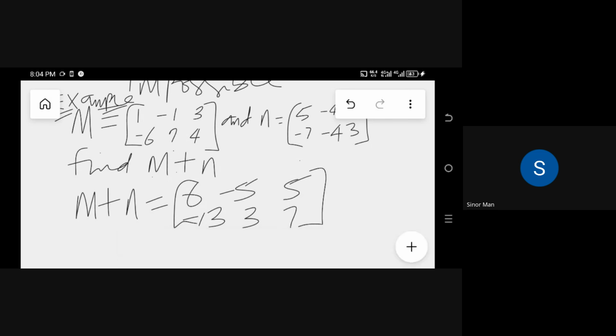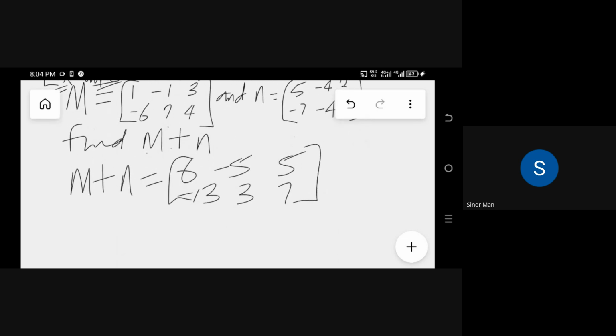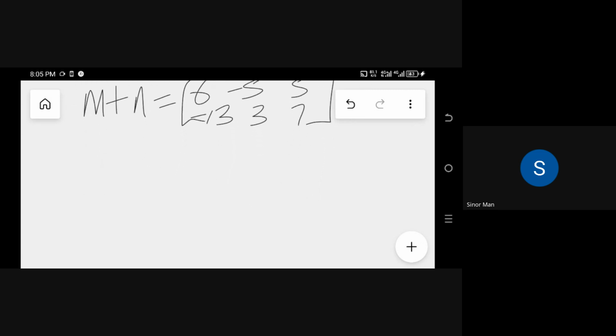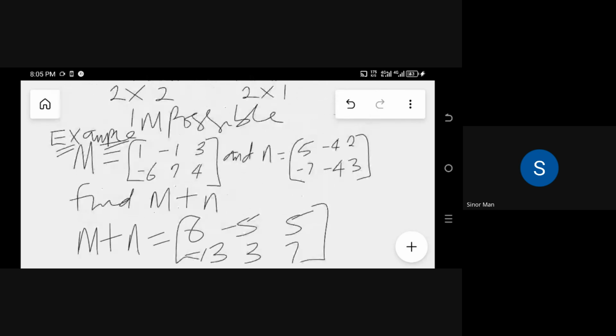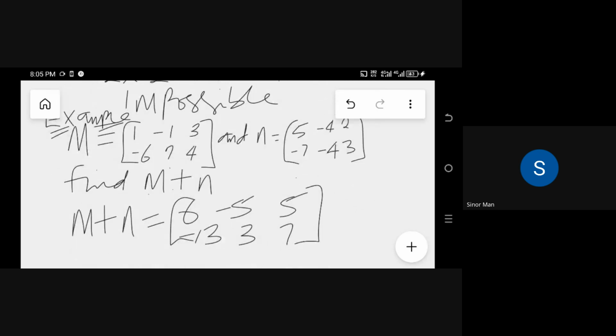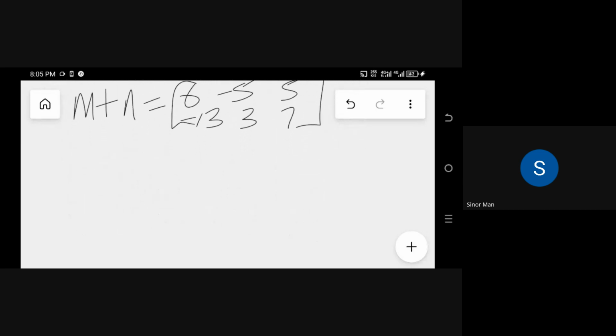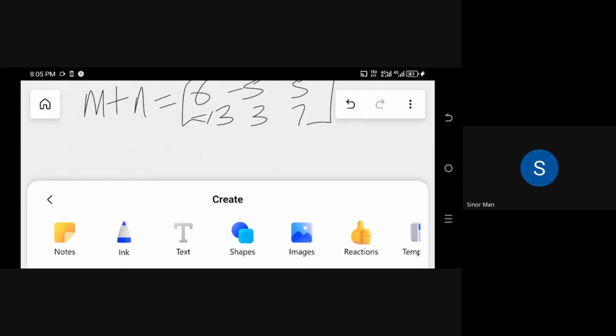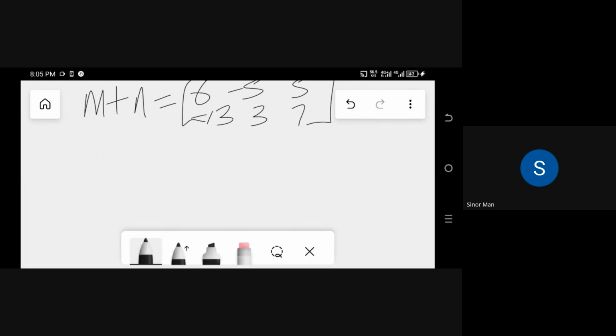So this is the new matrix we'll have when we do that M plus N. So this is basically how you add matrices together. Now we'll quickly look at the subtraction of matrices, how we subtract matrices. So subtraction, let's look at subtraction.